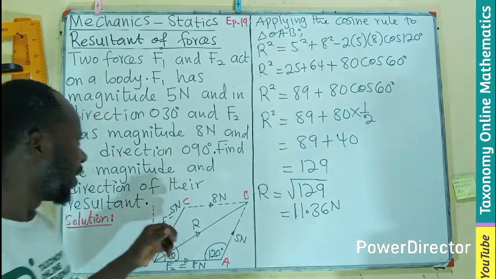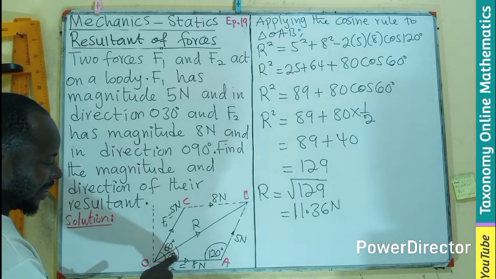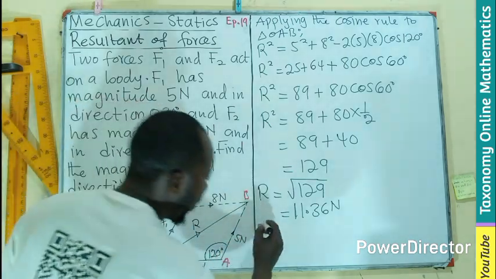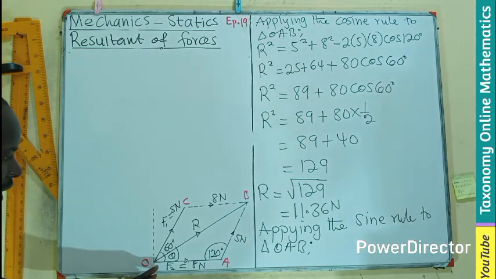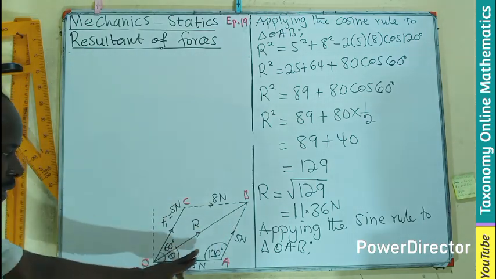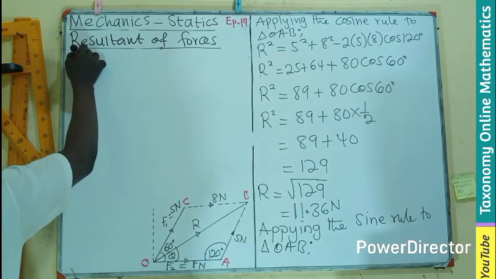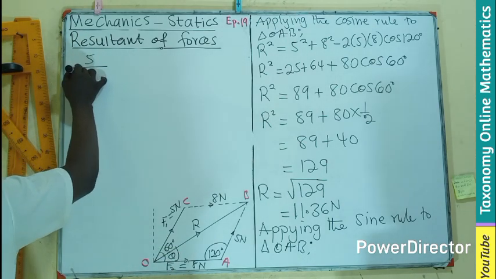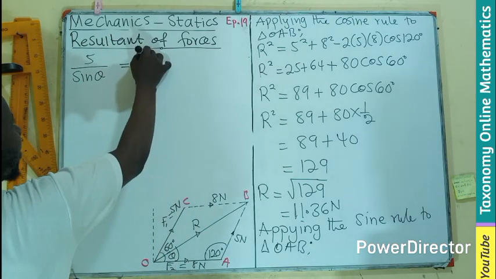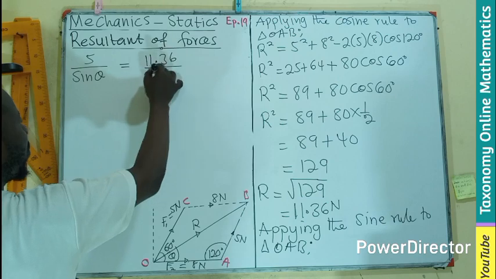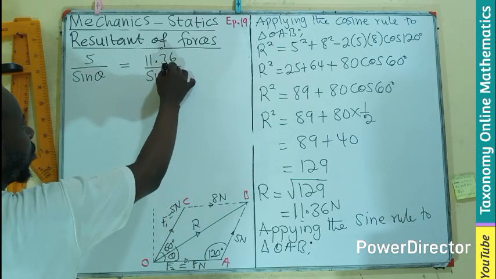But we are looking for the direction also. The direction is the theta here. So we are going to use the sine rule. Applying the sine rule to triangle OAB, I should be having 5 Newton over sine theta equals R, which we found as 11.36, over the sine of the angle 120.